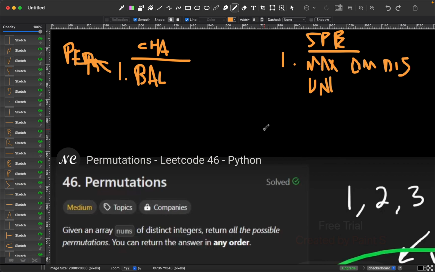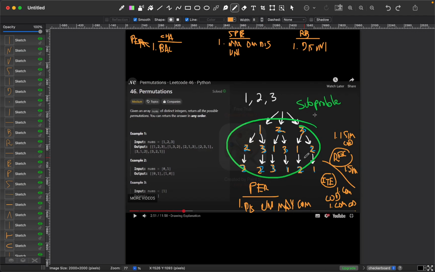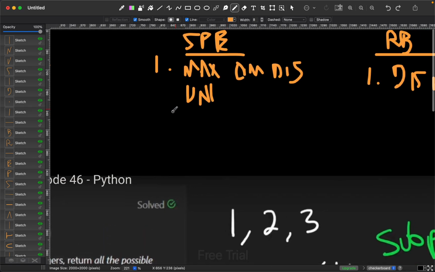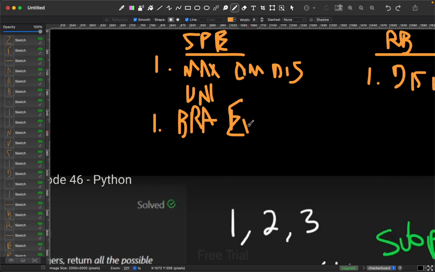And at the fundamental level, it branches out all the combinations. It's a very intuitive branching out of items, and this is branching out every single possibility.